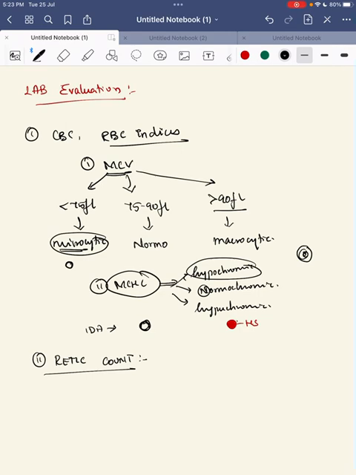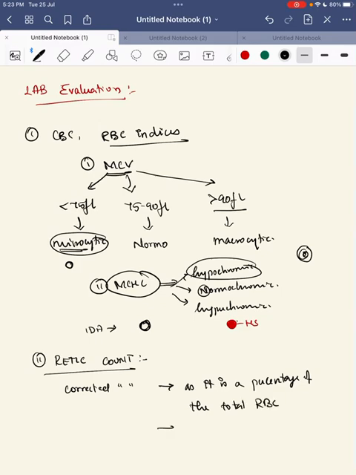It must be a corrected retic count, or a reticulocyte index. This corrected reticulocyte count must be corrected for anemia, as it is a percentage of the total number of RBCs.